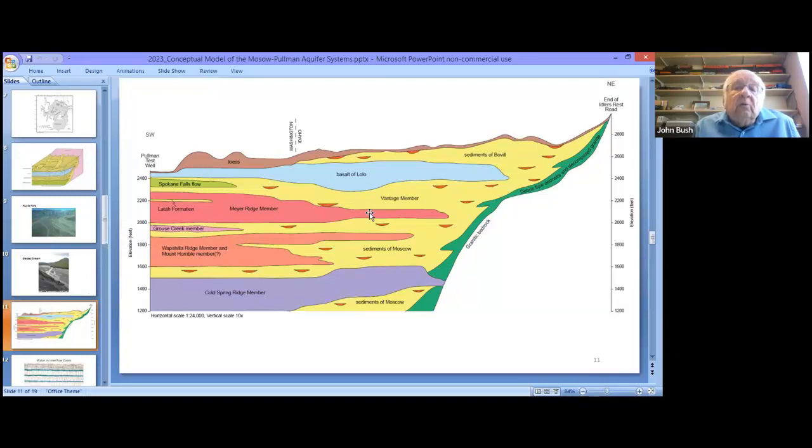So what I surmise is the water coming out of the sand channels, when in contact with the ends of these basalt flows or with a thin flow, for example this Grouse Creek member, very thin, has the potential to carry a lot more water than the dense parts of the other flows.